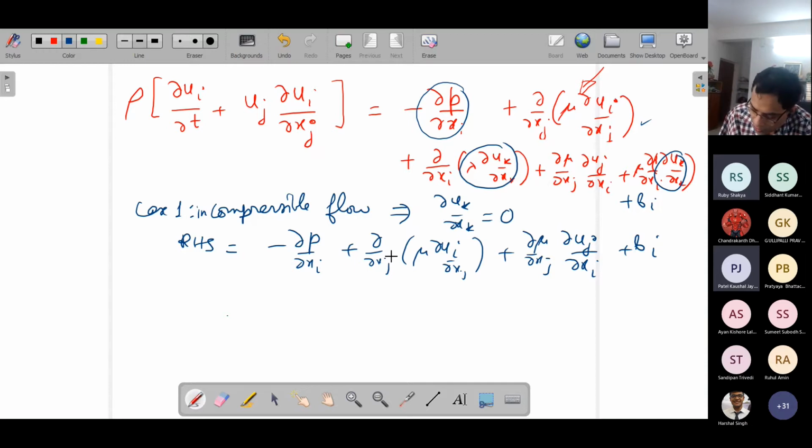Now I will tell you a very important and interesting thing, which even some of the greatest scholars of fluid mechanics also make mistakes in. There are many problems in real life where viscosity is a function of position.